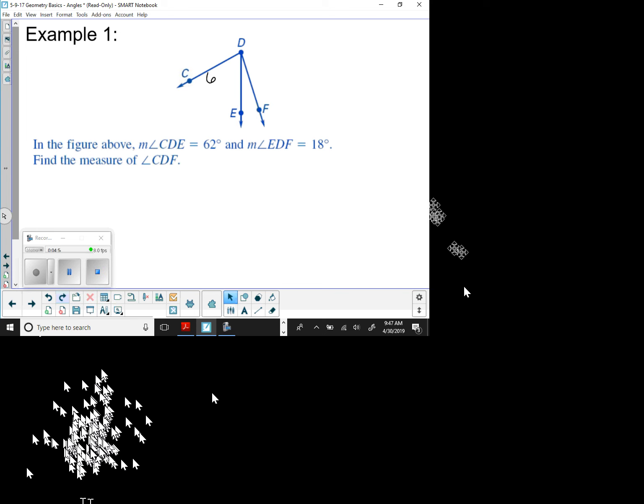For example, in the figure above, the measure of CDE is 62 degrees and the measure of angle EDF is 18 degrees. Find the measure of the whole thing, CDF. So that was CDE, which is 62 degrees, and this was EDF, which was 18 degrees.